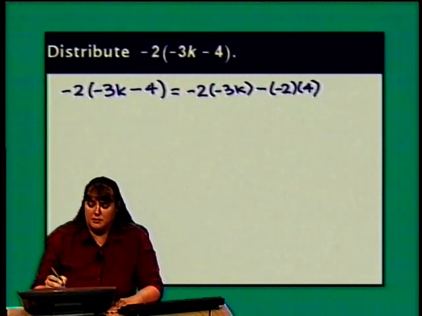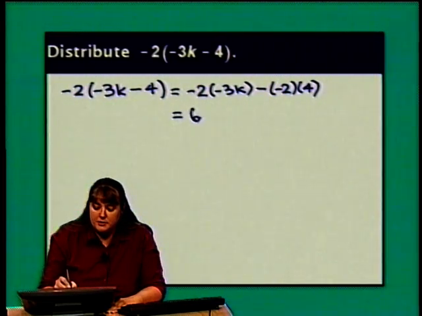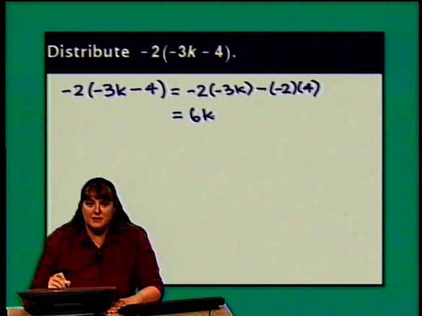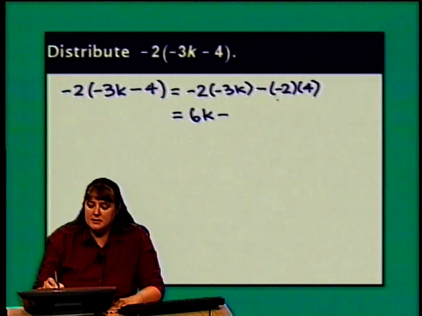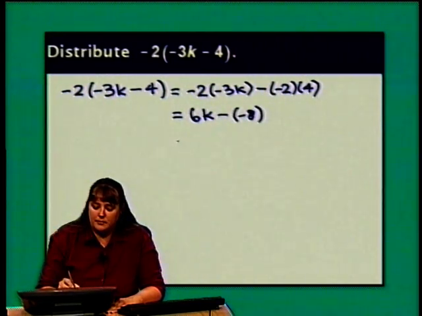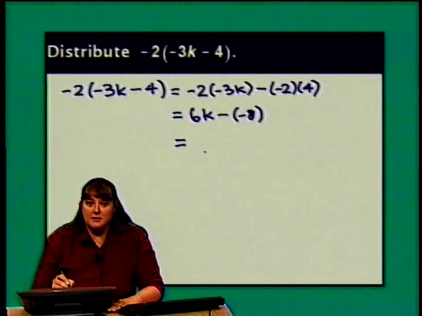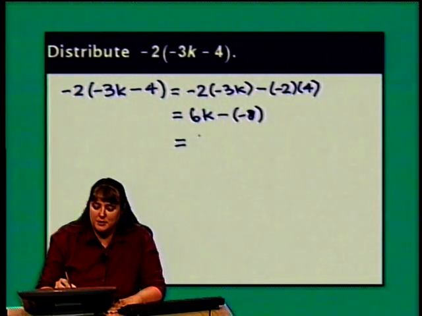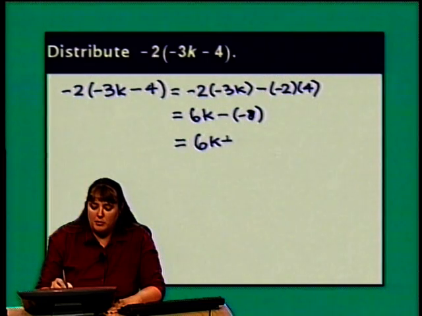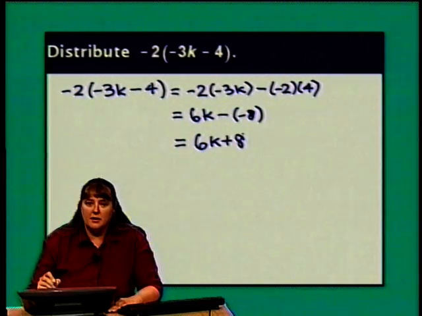Negative 2 times negative 3 is positive 6, so my first term is positive 6k. Minus negative 2 times 4 is negative 8. I can rewrite this subtraction expression as an addition expression as 6k plus 8. Subtracting negative 8 is the same as adding 8.